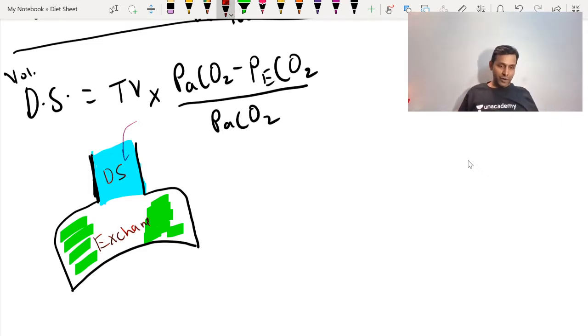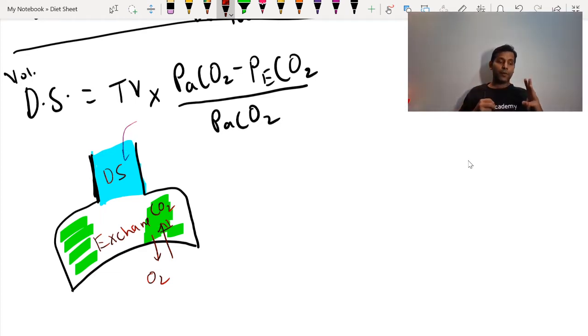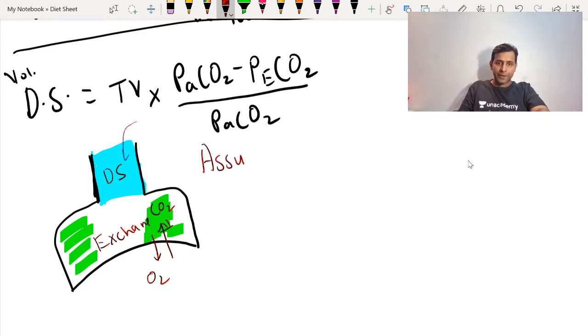Now, whenever exchange occurs, we take in oxygen and we add carbon dioxide. So the air which is exchanged by the lungs contains carbon dioxide. Keeping this in mind, we are going to have three important assumptions so that this formula holds true.